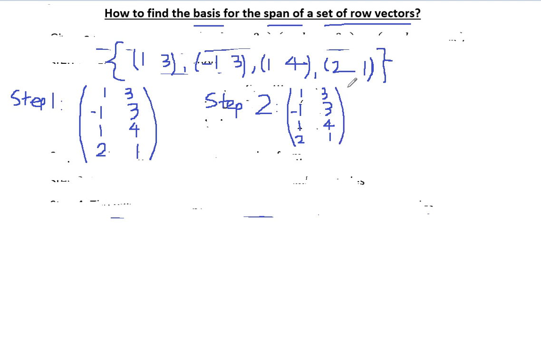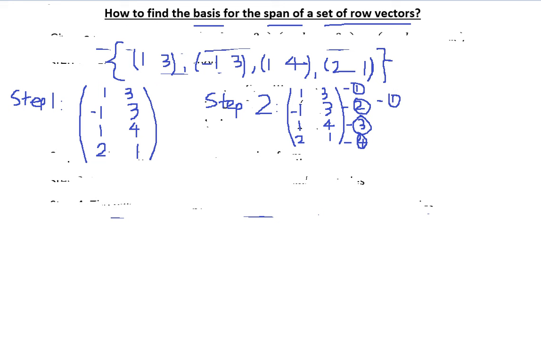This is our row 1, row 2, row 3, and row 4. We want to eliminate the entries below the 1 in the first column, which are minus 1, 1 and 2. So the first step is 1 times row 1 added to row 2.